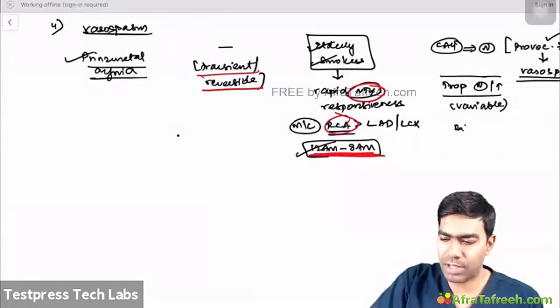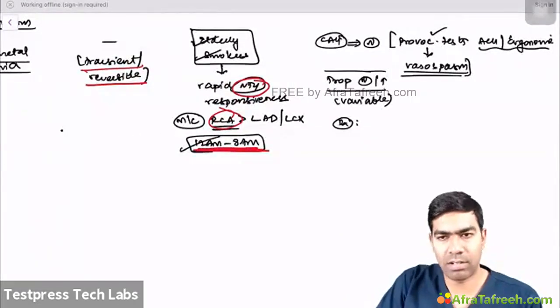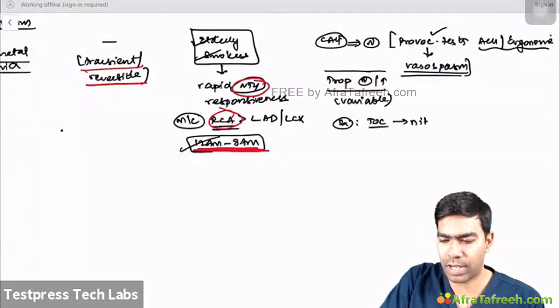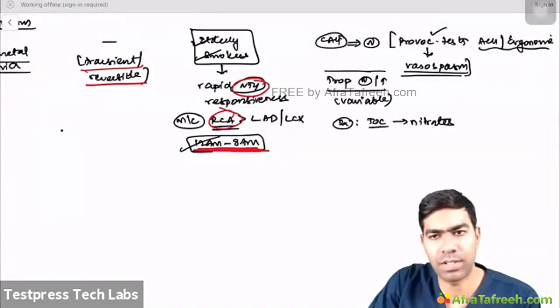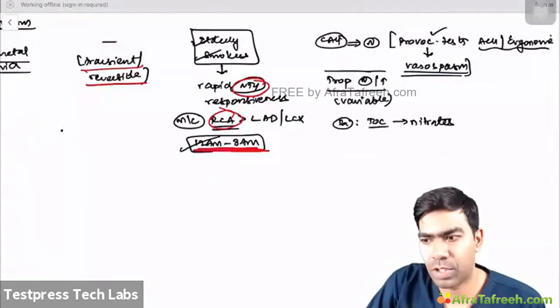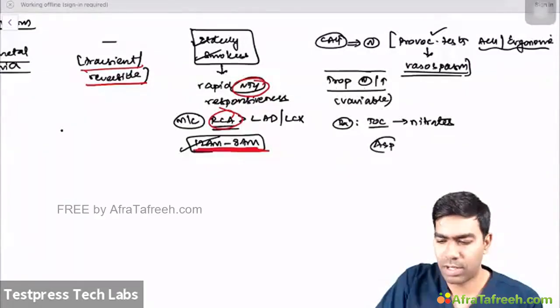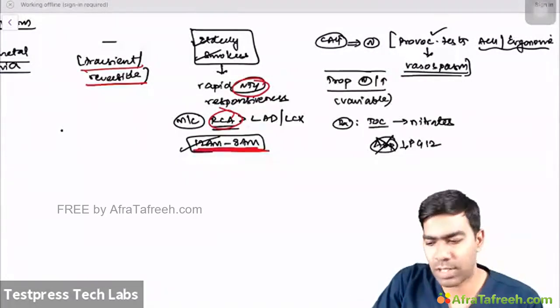As far as the treatment is concerned, you can treat like other anginal conditions, but the treatment of choice, I know the PG aspirants like this word very much, is nitrates, because they have excellent responsiveness. But there are two important things you should not use, that's the question. You should not use aspirin, because aspirin can downregulate prostaglandin I2, that is prostacyclin, so it can produce more vasospasm.